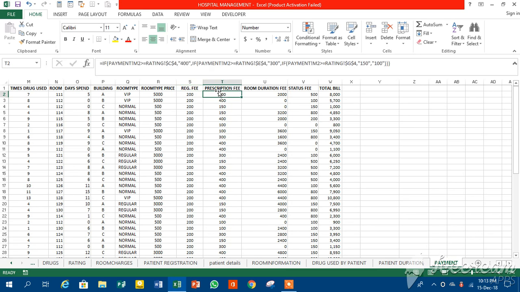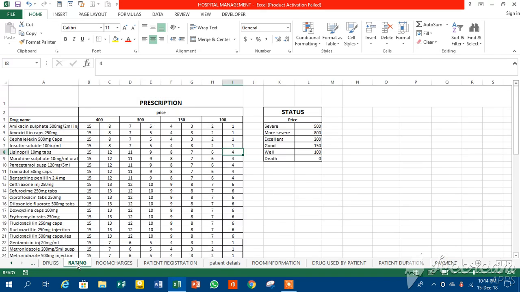From there, we go to our next column, column T. That is the column on the prescription fee. In this column, the prescription fee is based on the sheet that we had here, the sheet on rating.